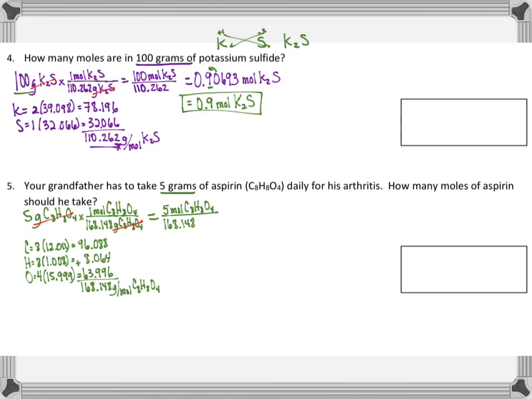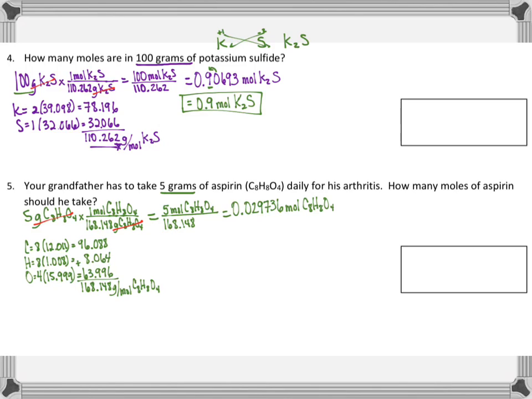So 5 divided by 168.148. Again, it's going to give me 0.029735. And I'm going to stop at 6 because it rounds it up. And I end up with moles of C8H8O4.